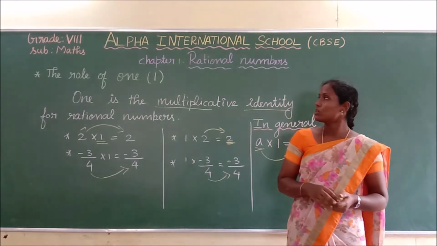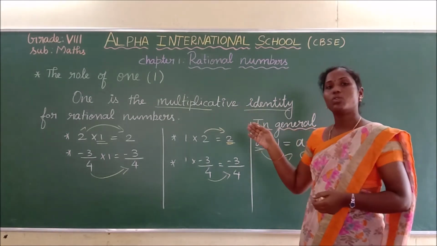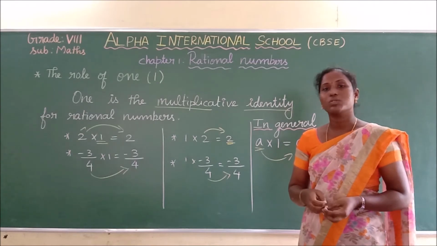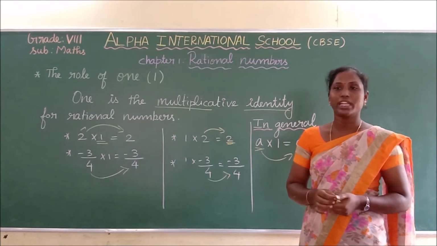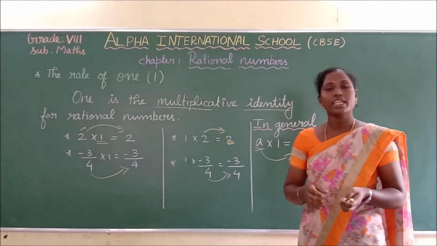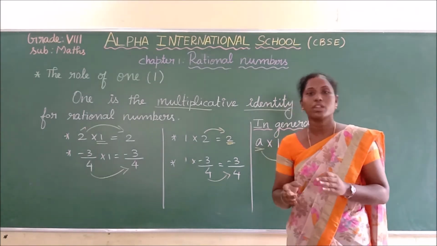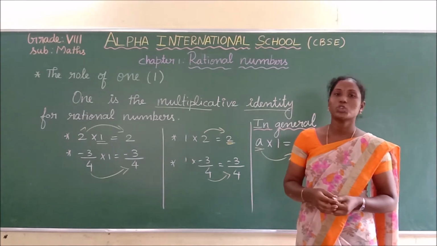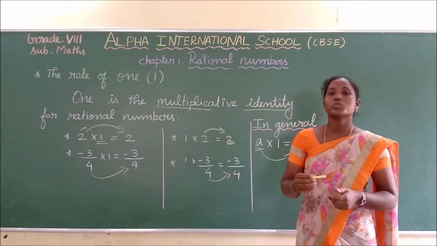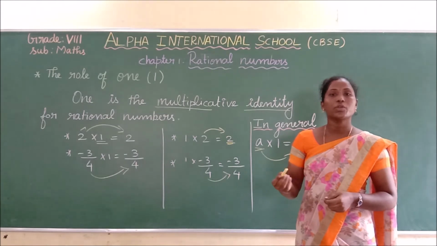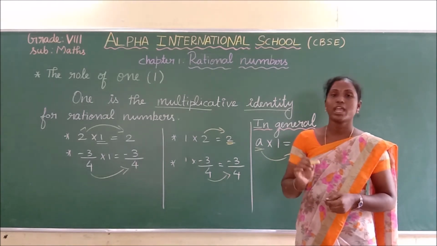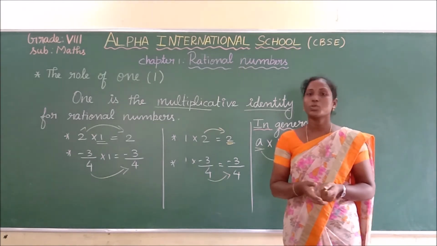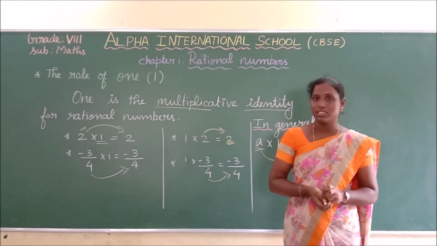So we have discussed the role of 0 and the role of 1. What is the role of 0? 0 is the additive identity for rational numbers. An additive identity is a number which, when added to a number, gives the sum as the same number itself. If you add 0 to any number, you get the same result, so 0 is called the additive identity.